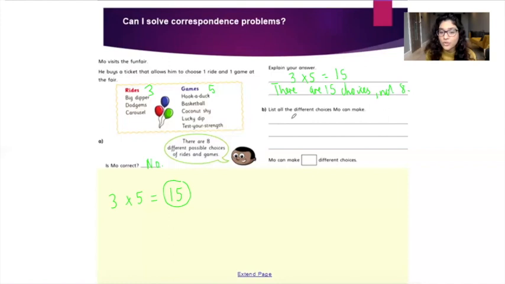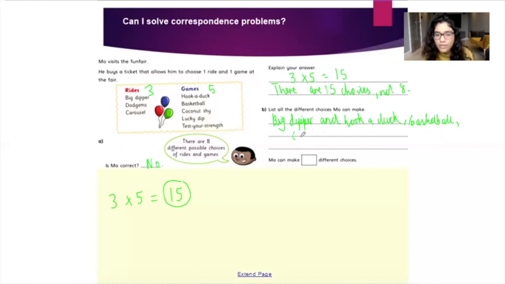Now list all the different choices Mo can make. So here you have to write all the different choices that he can make. So we have Big Dipper and Hook a Duck. What other ones do we have? We have Big Dipper and Basketball. So rather than me just write out Big Dipper again, I'm just going to write the choice that he has with it. What else can he play with Big Dipper?